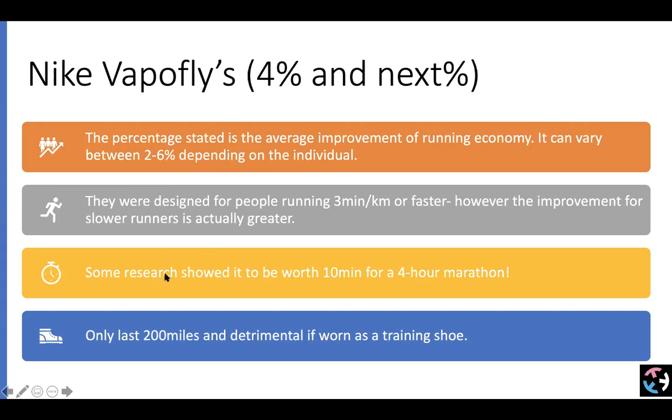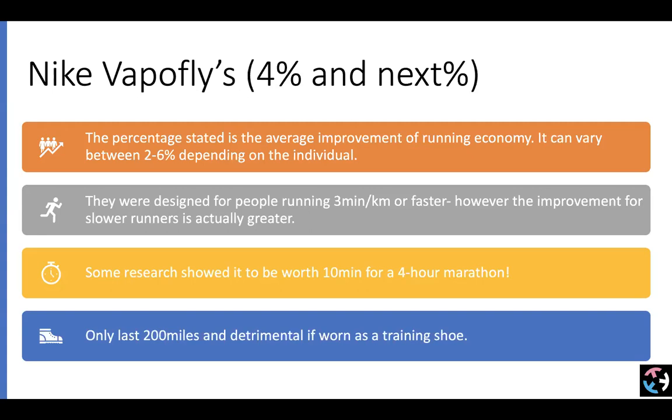So some research has suggested it could be worth 10 minutes for a 4-hour marathon, which is pretty significant. And we think for an elite athlete running under 15 minutes for 5K, that's worth about 20 seconds.